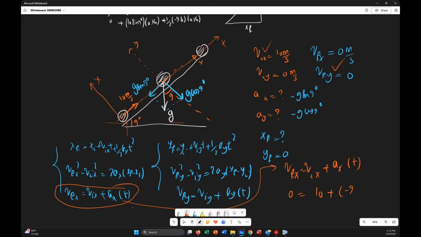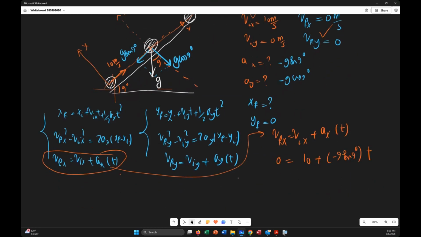Negative g sine 9 degrees, t. So what would be the t? g is 9.8. So t is going to be 10 divided by 9.8 sine 9.